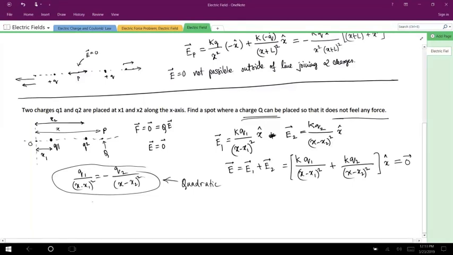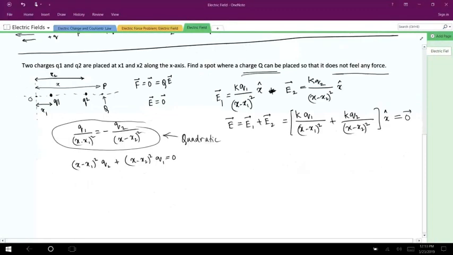So from here, if we invert this relationship, what it is going to look like is (x minus x1) squared times Q2 plus (x minus x2) squared times Q1 is equal to 0.